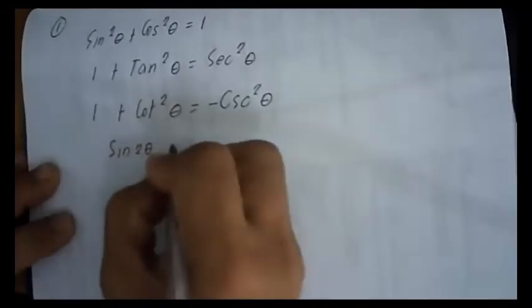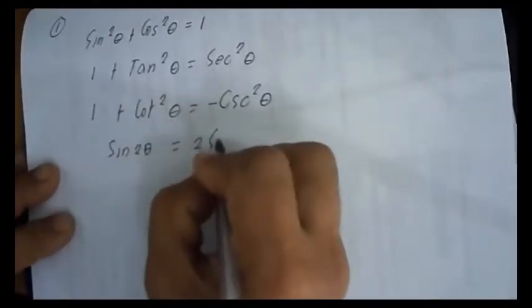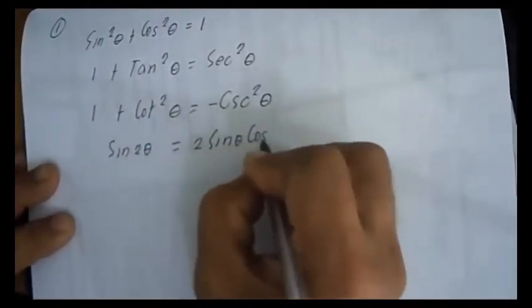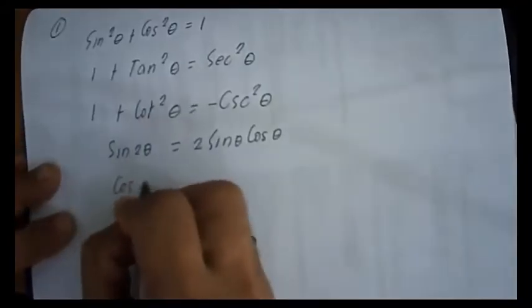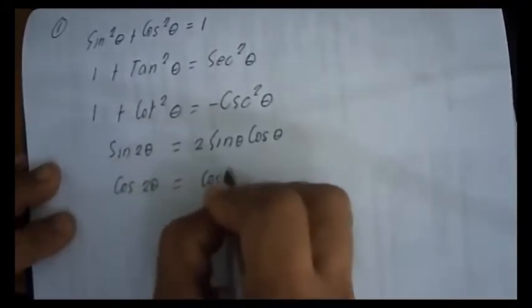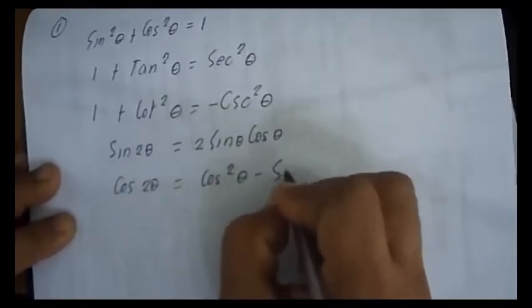Next, we have sine 2 theta is the same as 2 sine theta cosine theta, and cosine 2 theta is the same as cosine squared theta minus sine squared theta. So this is your formula for the proving identities, which we're going to use in these trigonometric functions. Paki-copy na lang or paki-screenshot bago tayo mag-proceed sa sample problem.